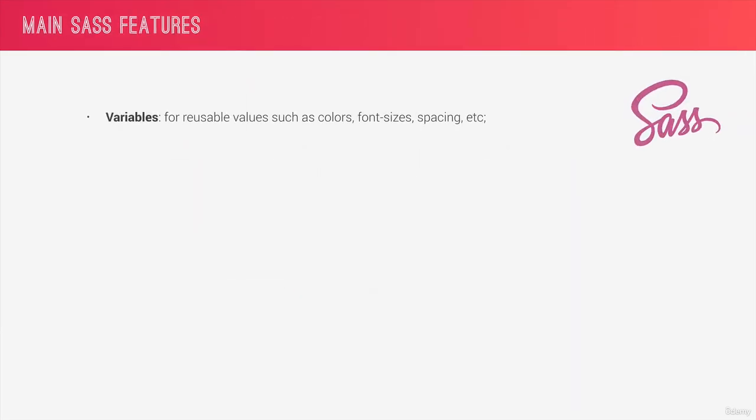So what are these features that Sass actually gives us? Let's get a quick overview before we actually start writing Sass, so that we know what we're looking at here. First, Sass gives us variables, which, just like in normal programming languages, allow us to have reusable values such as colors, font sizes, spacing, etc. Next, we have nesting, in order to nest selectors inside of one another, allowing us to write less code.